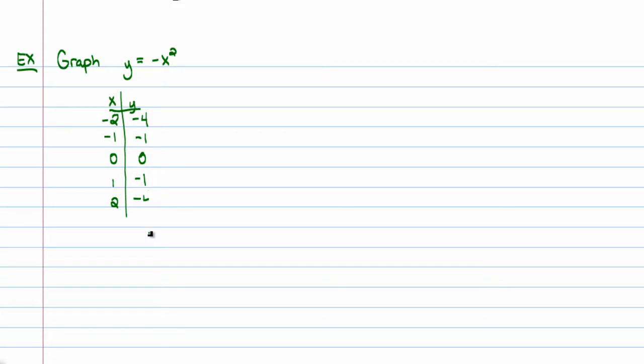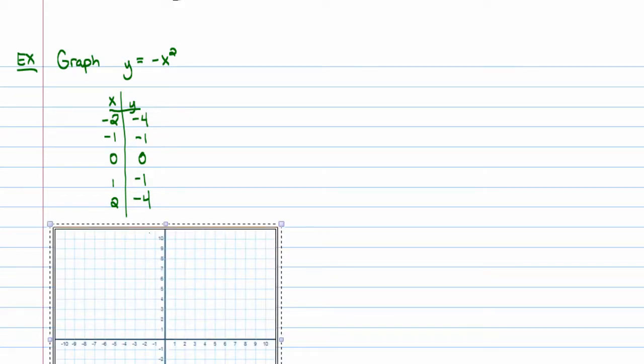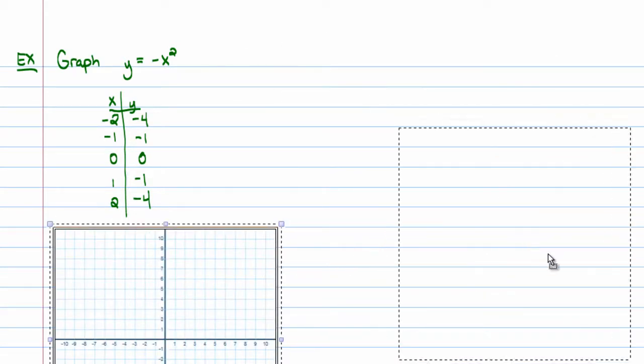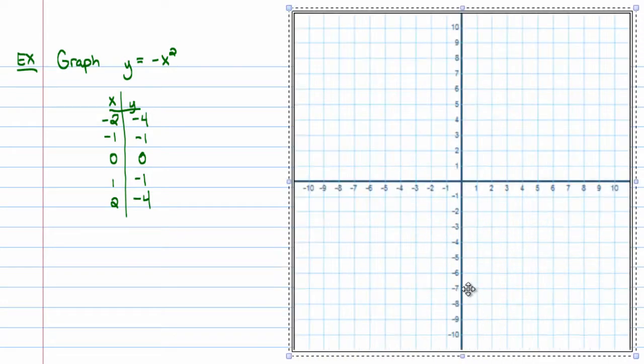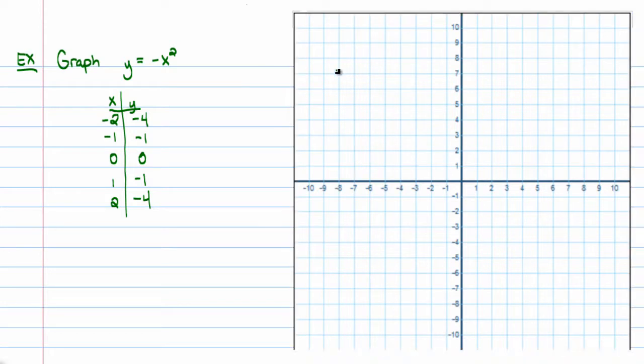Let me go ahead and paste in an axis, and we'll plot this. So here's (0, 0), (-1, -1), (1, -1), (-2, -4), and (2, -4).